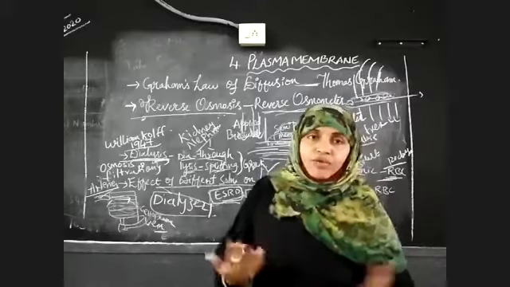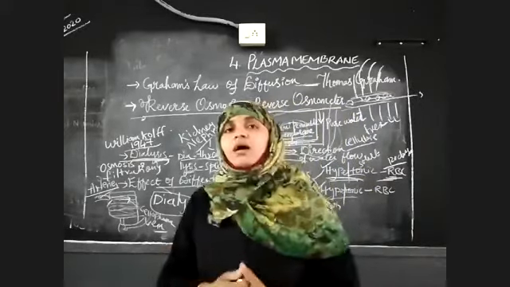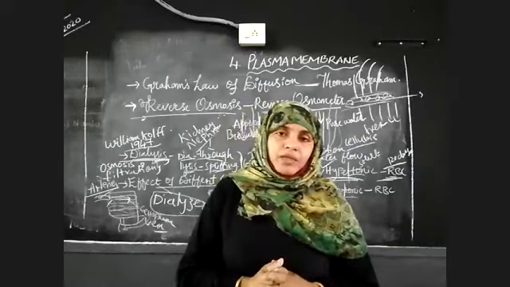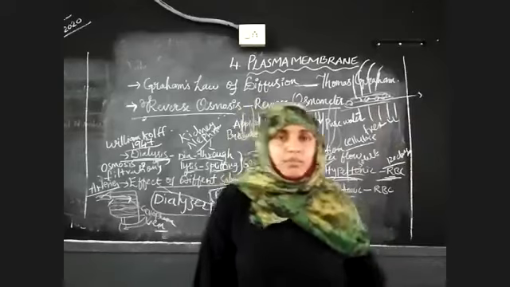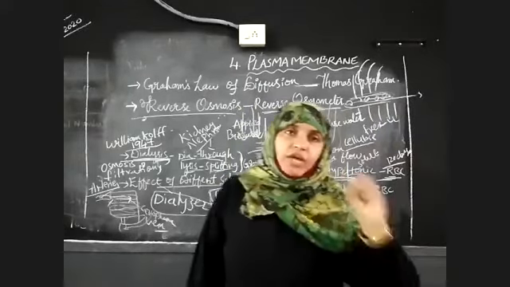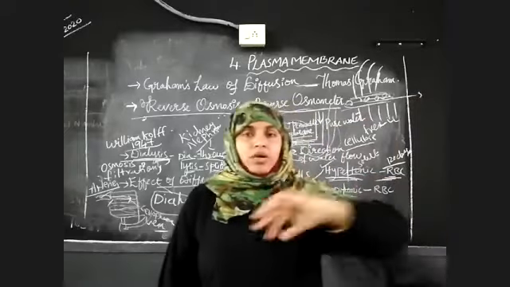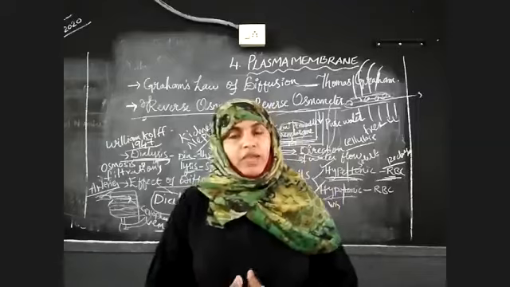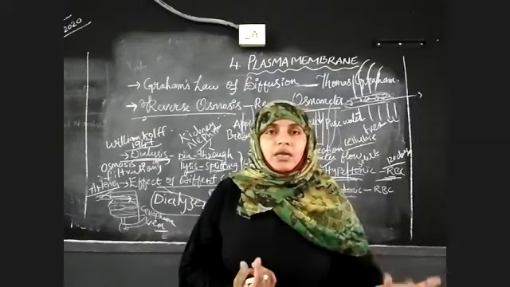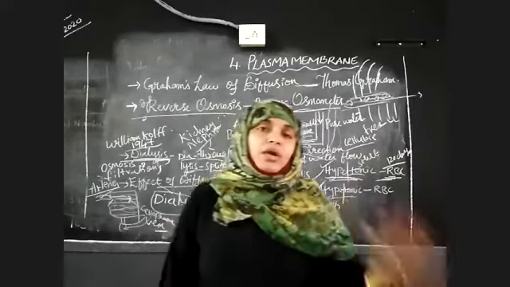Next, diffusion uses. Physiologically, how is diffusion helping in the living organism's body? Like diffusion, movement of water molecules from the soil to the root system. As you know, the root is absorbing the water from the soil. That process is taking place from soil to root. Absorption of water is taking place by diffusion. If you take the animal body, in our body, respiration is entirely depending on the diffusion process.